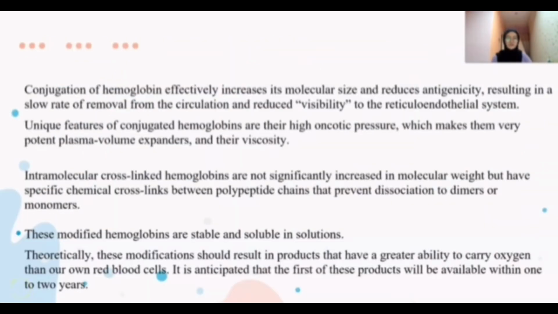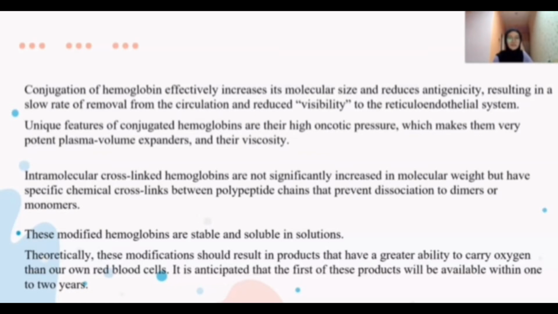Conjugation of hemoglobin effectively increases its molecular size and reduces antigenicity, resulting in a slow rate of removal from the circulation and reduced visibility to the reticuloendothelial system. Unique features of conjugated hemoglobins are their high oncotic pressure, which makes them very potent plasma volume expanders, and their viscosity.